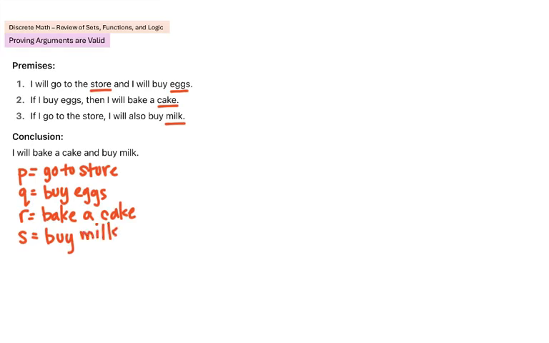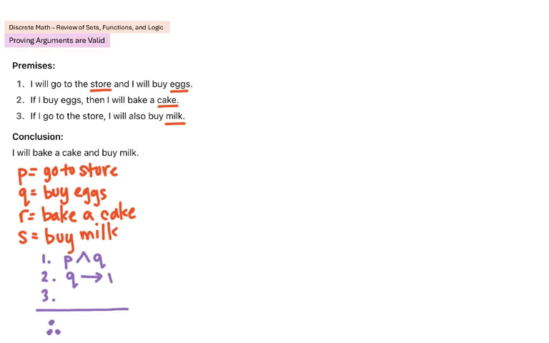Okay, so again, we'll write these 3 premises and the conclusion. These 3 dots mean therefore. So the first premise says, I will go to the store and buy eggs. So that's P and Q. Second thing is, if I buy eggs, so if Q, then I will bake a cake.